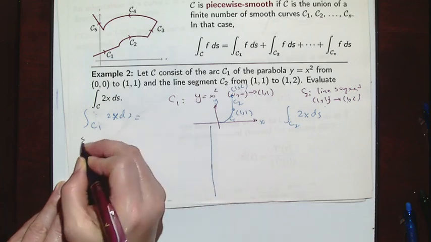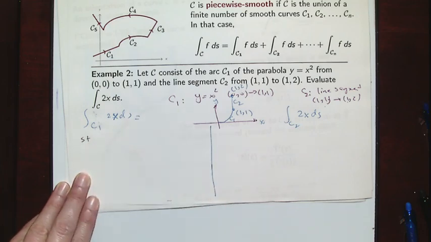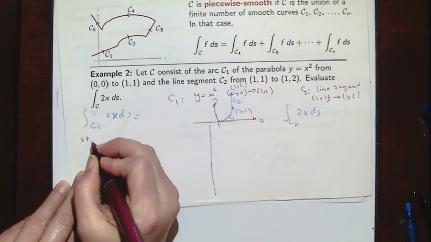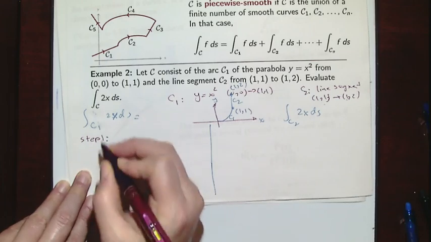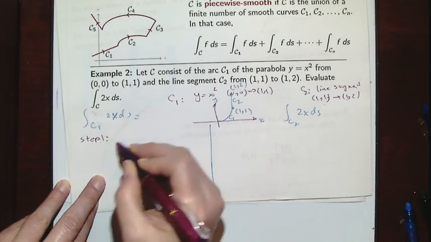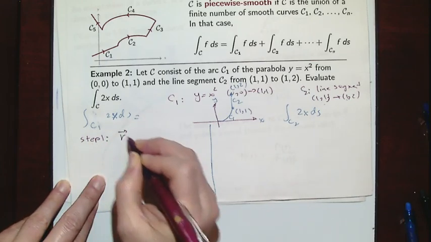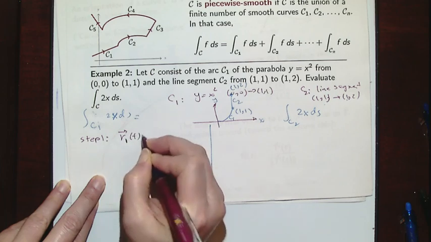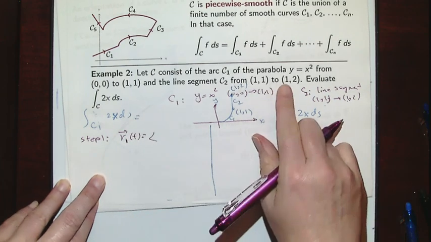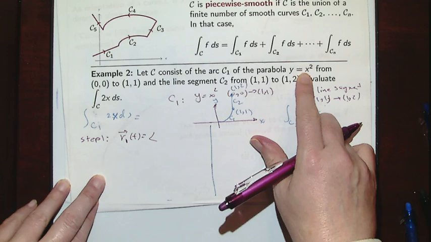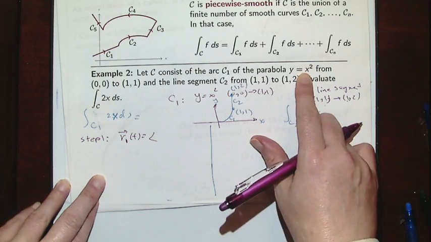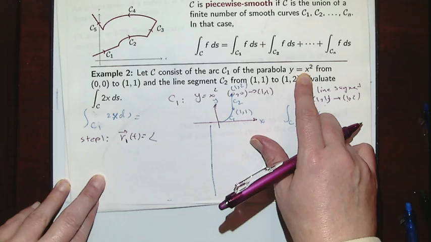So now I have step 1, parameterization R1. Can I use x as a parameter? Sure. What would y be then?